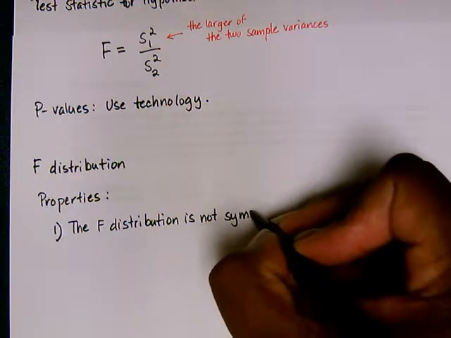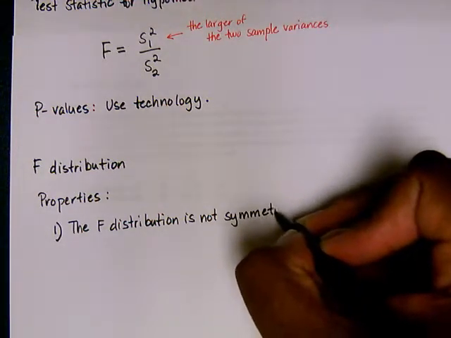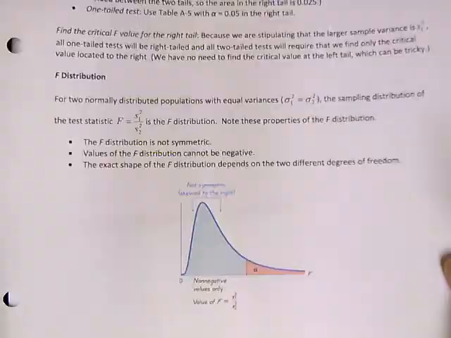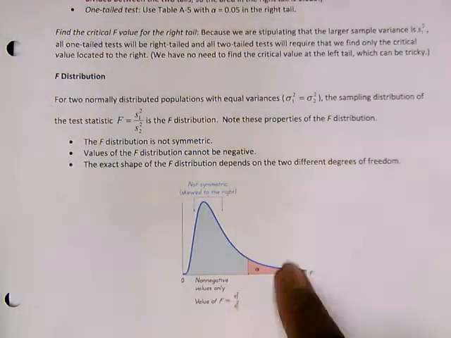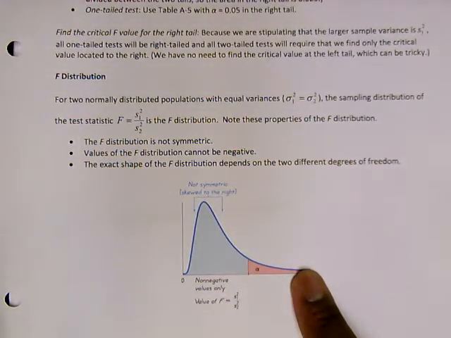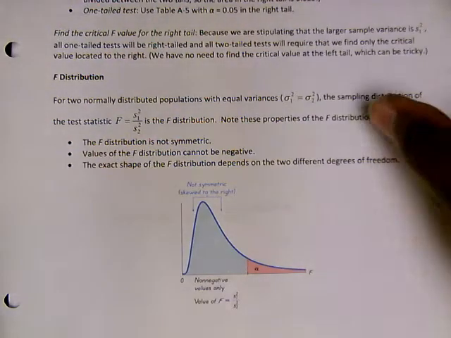The normal distribution is symmetric because it's a bell-shaped curve, where the left side is the mirror image of the right side. In this case, it does not, and I can show you an illustration. Here you can see what the F distribution curve looks like. It's usually skewed to the right, as you can see.